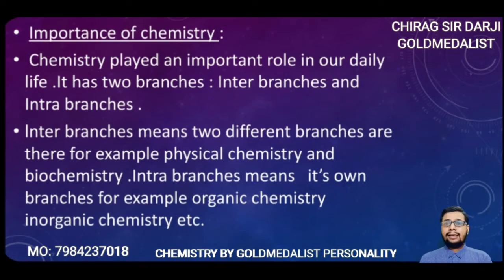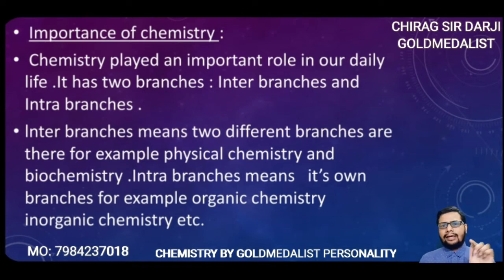Now second is intrabranches. Intra means what? Chemistry's own branches, so they are known as intrabranches. For example, organic chemistry, inorganic chemistry, polymer chemistry, analytical chemistry. These are all branches that are themselves part of chemistry.